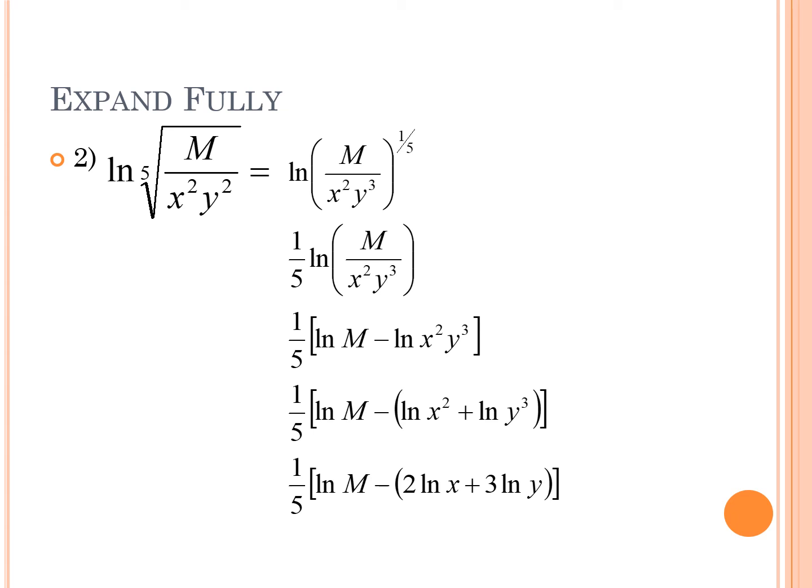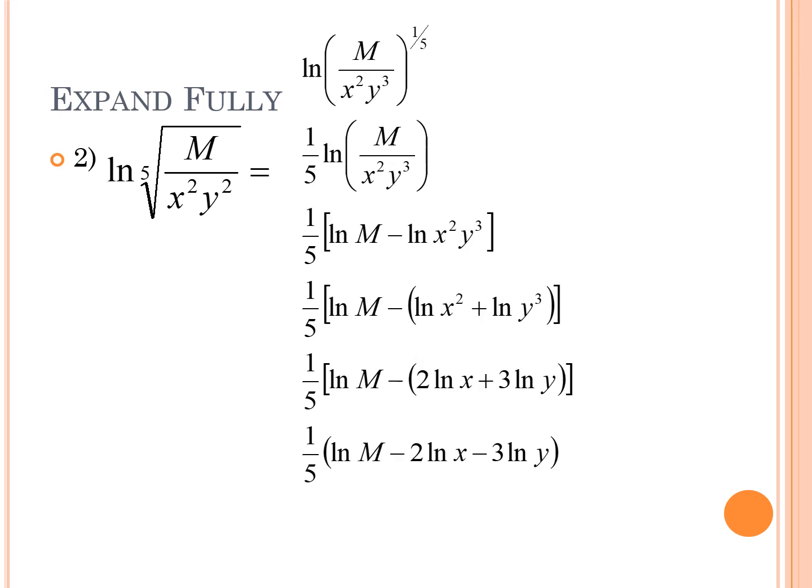I went ahead and brought down those 2 exponents, and you might have done this in a different order, and that would be completely fine. I just brought down the exponents, then distributed that minus to both of those logs.